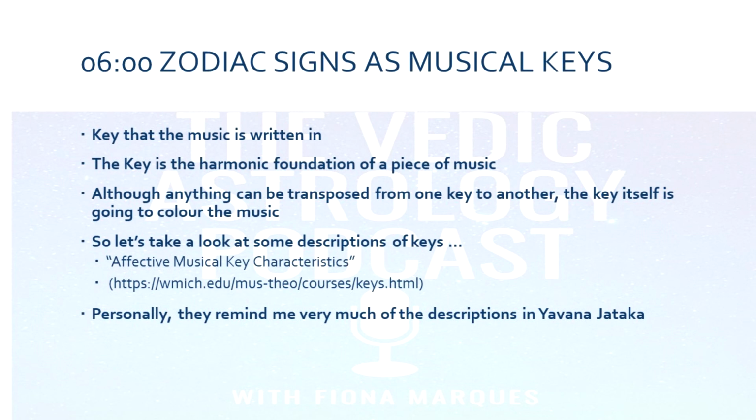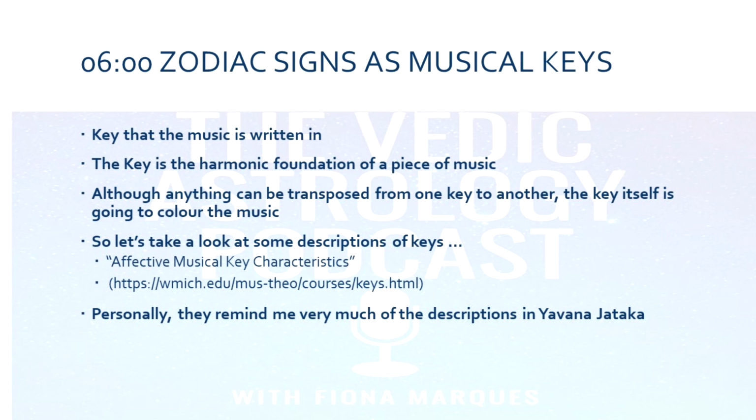Signs are fundamental to astrology, and they are like the soil that the experience grows out of. They're that fundamental. So for me, in this analogy, I feel that the musical key that the piece of music is written in could be an analogy for the signs.